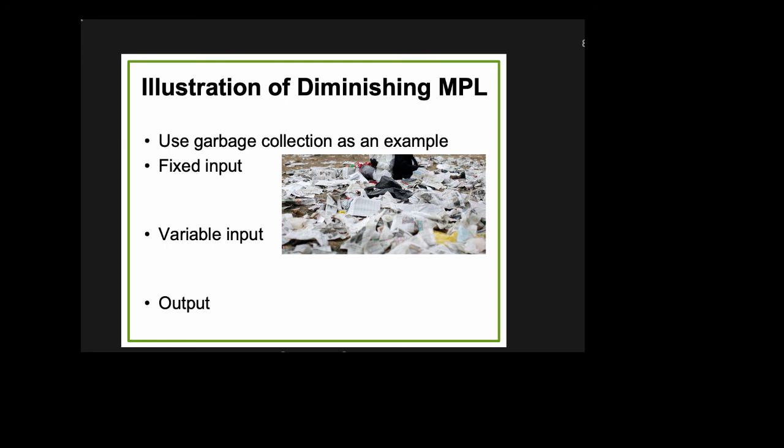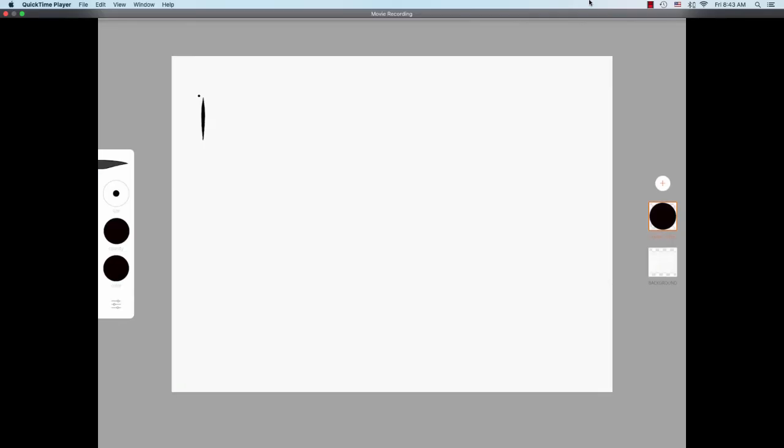But recently, the company that we use has merged with another company, and they may have to figure out some things. So when you're collecting garbage, you have certain things that we refer to as fixed inputs. A fixed input is one that is very difficult to change.